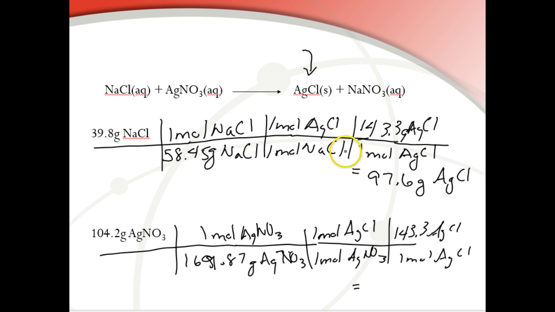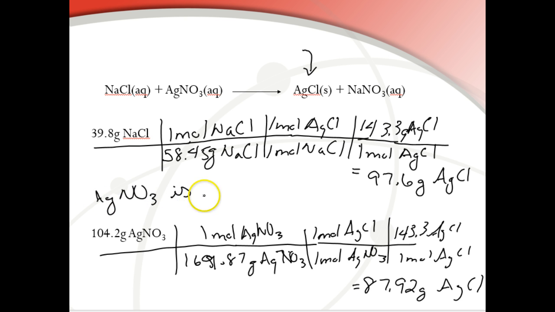If we look at the bottom one, we would form 87.92 grams of AgCl. So again, whichever one produces the smallest amount of product is our limiting reactant, which in this case is silver nitrate. So AgNO3 is the limiting reactant. And again, you could do it the other way as well. That would be fine.